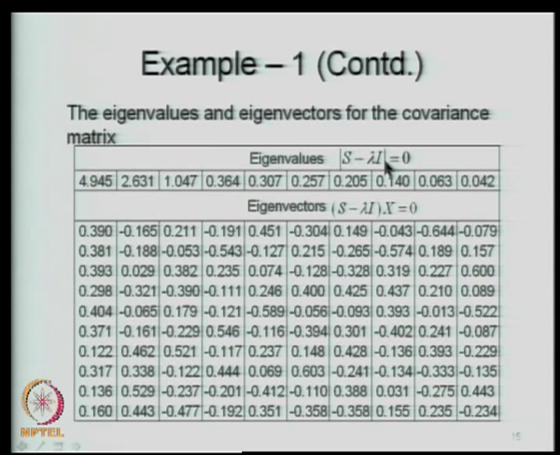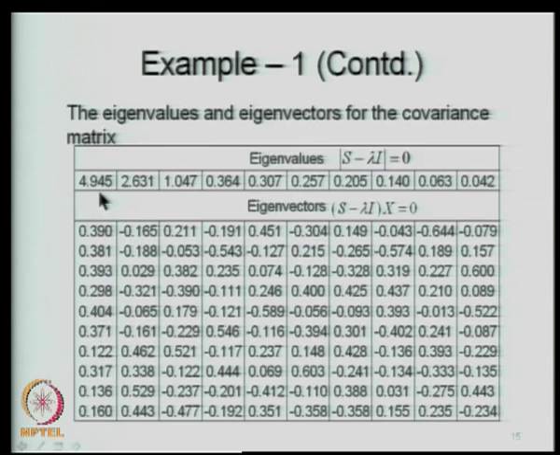Associated with each of the eigenvalues we get one eigenvector, like that we get 10 eigenvectors. We use S minus lambda I into x is equal to 0. This is a matrix and this is a matrix. So, we obtain the eigenvectors now. This is eigenvector number 1, eigenvector number 2, etcetera.